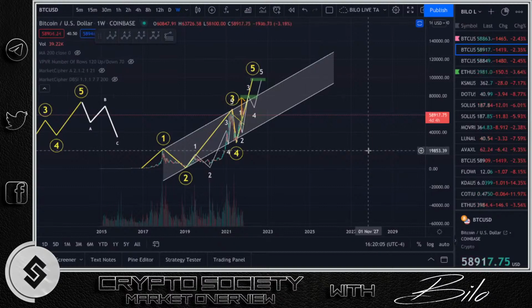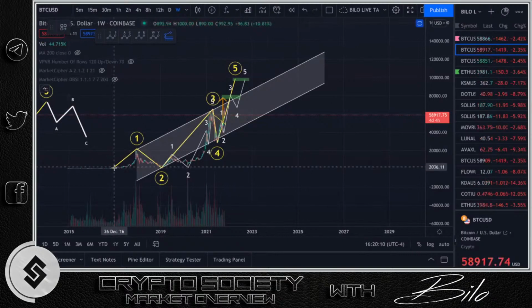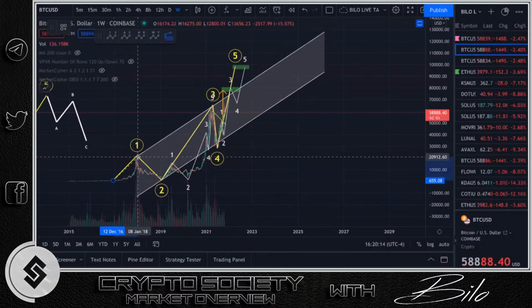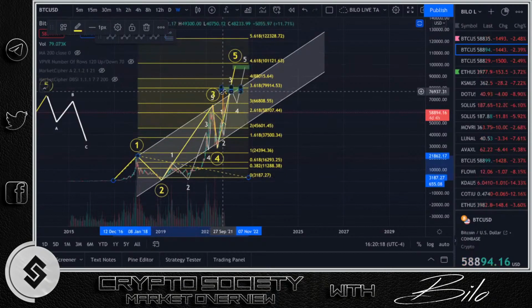Does anybody have any questions? I'm going to draw it out so I can show you again. So here's wave 3, it's at around 3.5.